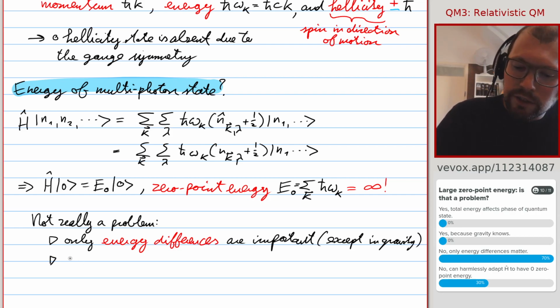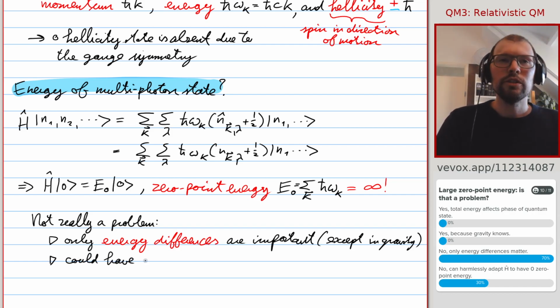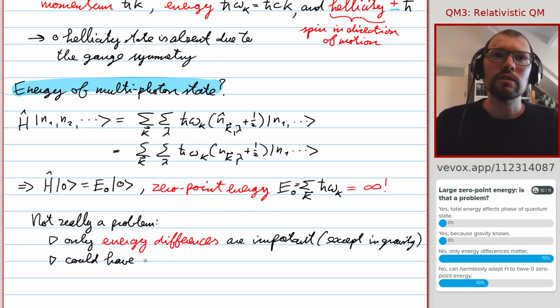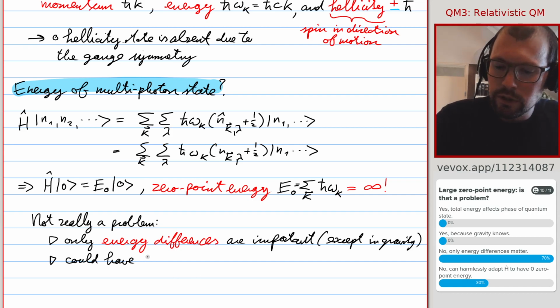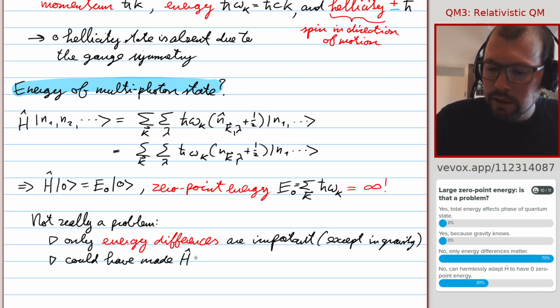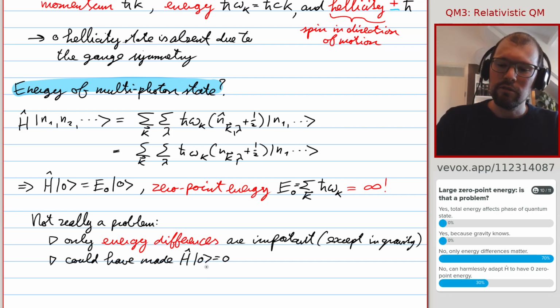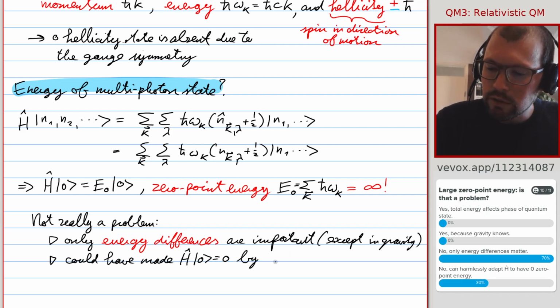And the other remark is that we could have used a slightly different quantization of the Hamiltonian operator here. So we could have made the vacuum state a zero eigenstate of the Hamiltonian by choosing what is called a normal ordering.